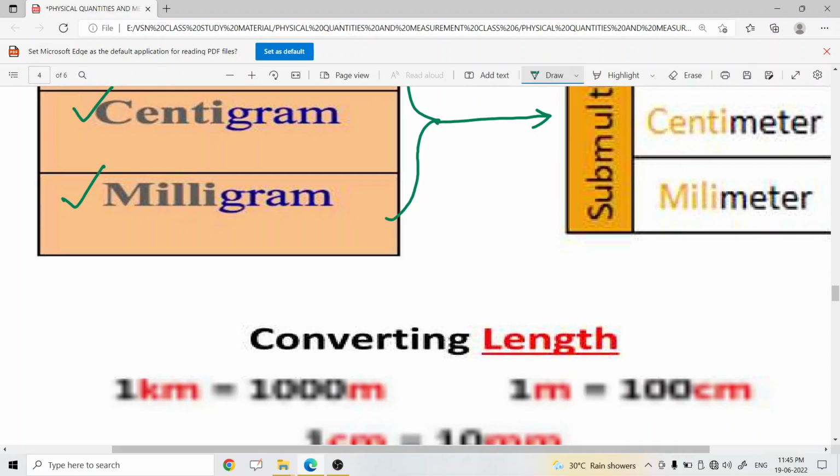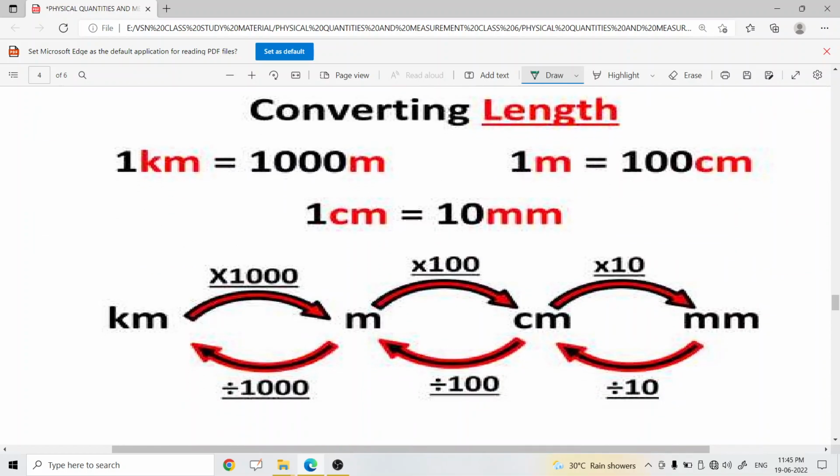So first, here you can see converting length. We use a diagram, where first we take kilometer. From kilometer to meter we have to multiply by 1000. So if I take 5 kilometer, then 5 into 1000 is equal to 5000 meter.